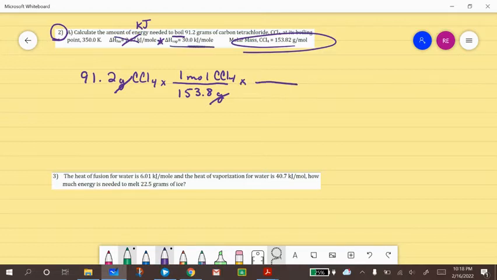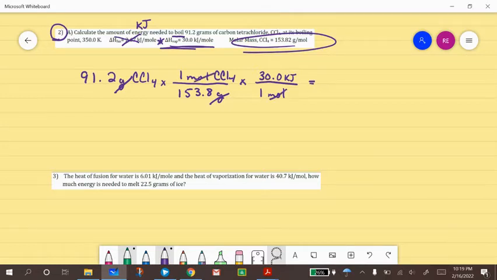Then, knowing the enthalpy of vaporization, we know that 1 mole of carbon tetrachloride will vaporize by adding 30.0 kilojoules of heat. And then our moles cancel out.